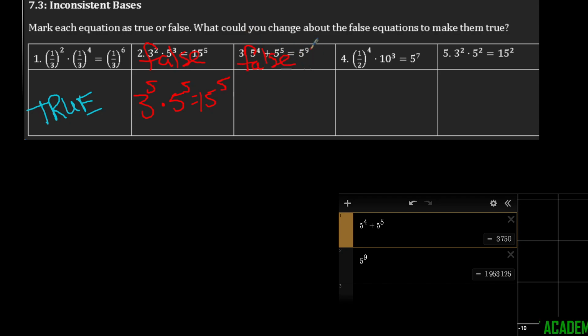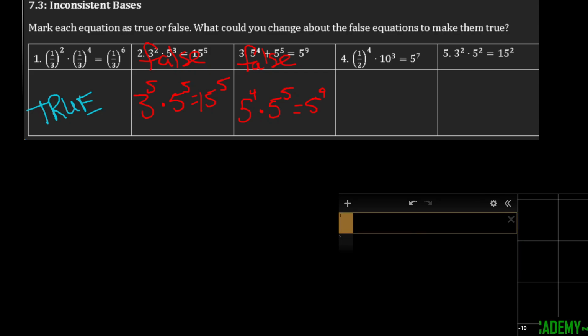A way we can change it is, since we are trying to add those exponents together, we can say 5 to the 4th power times 5 to the 5th power is equal to 5 to the 9th power. Notice how we have the same bases, we can add those exponents. And for the next one, we have 1/2.